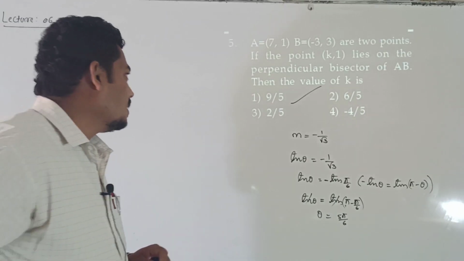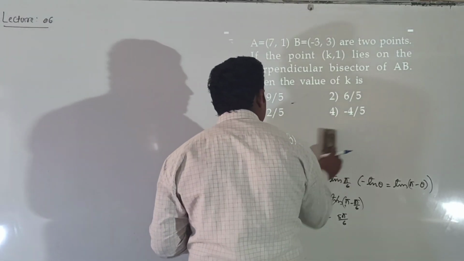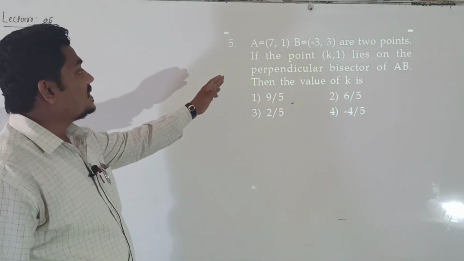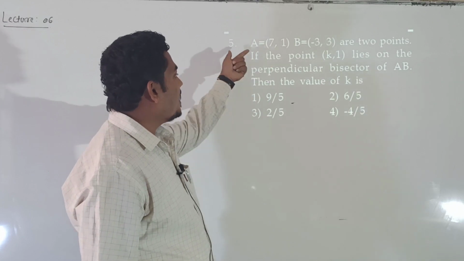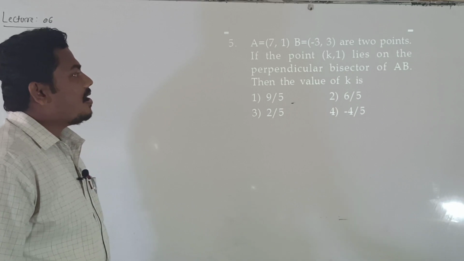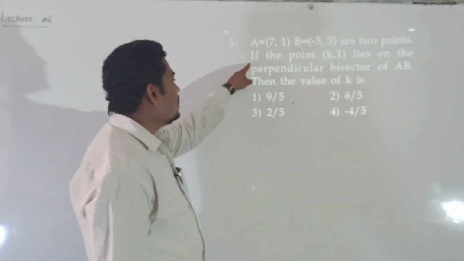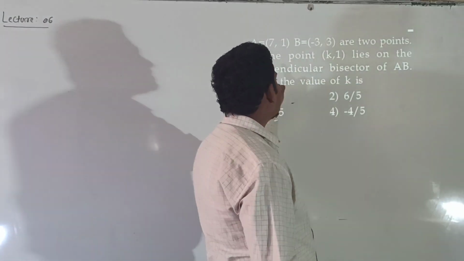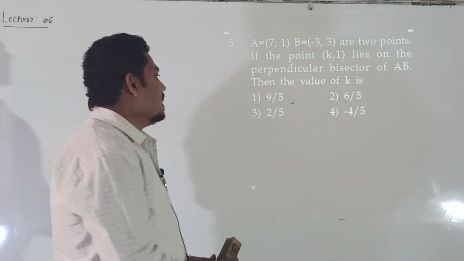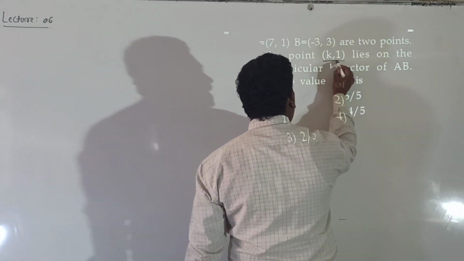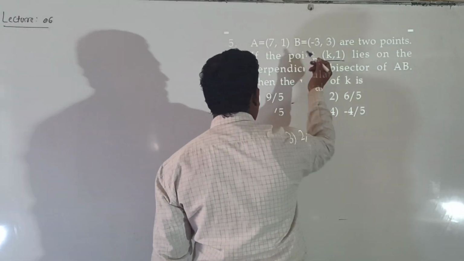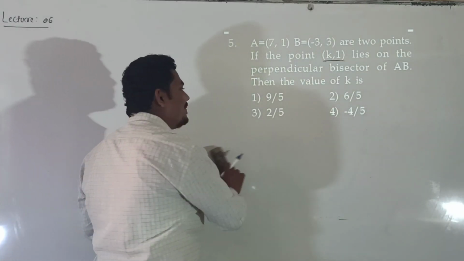Next, look at question number 5. If A is 7 comma 1 and B is minus 3 comma 3, two points, if the point k comma 1 lies on the perpendicular bisector of AB, this point lies on the perpendicular bisector of the line joining AB, then what is the k value, right?